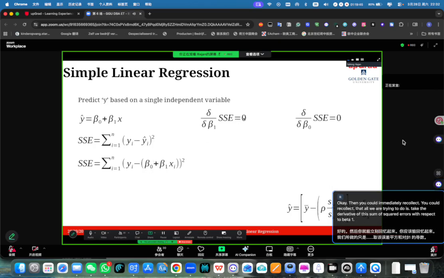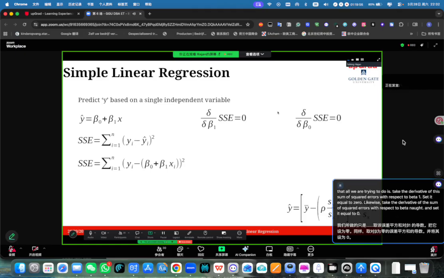Likewise, take the derivative of the sum of squared errors with respect to beta naught and set it equal to 0. This is the process of minimization.